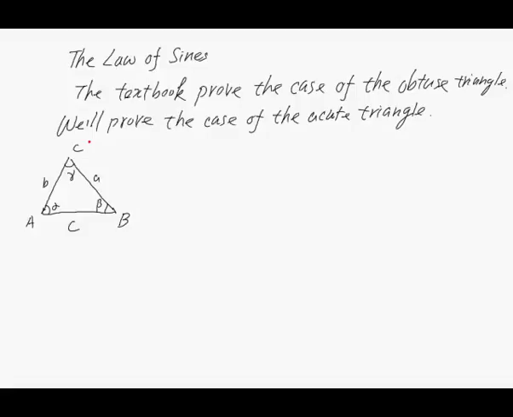So now we can draw an altitude from the vertex A to the line BC. Okay, we can draw such an altitude. And let me call this point E. So now, in the triangle ABC, we have two right triangles.